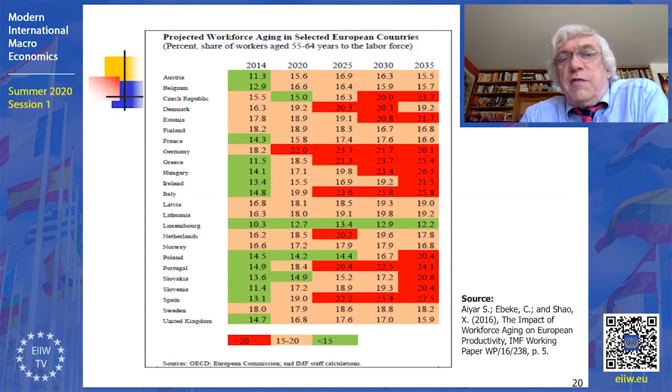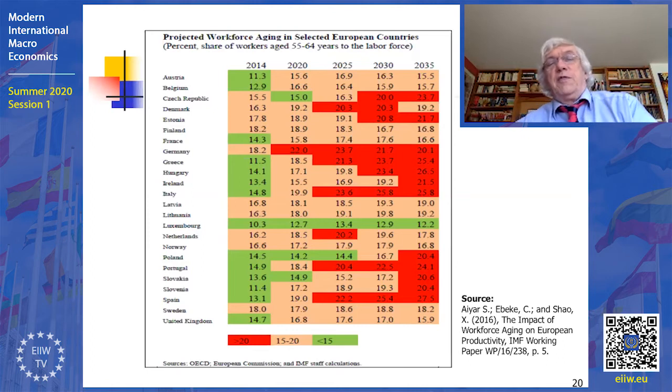Luxembourg, which has a lot of immigration, that's all in the green field, so smaller than 15%.